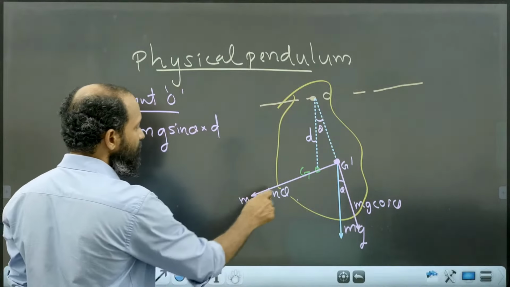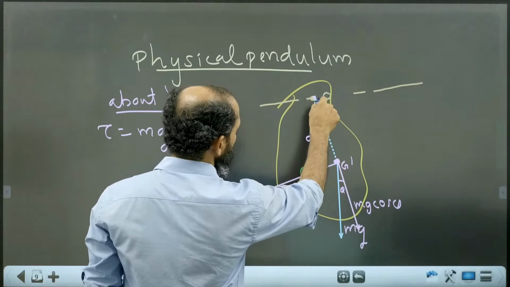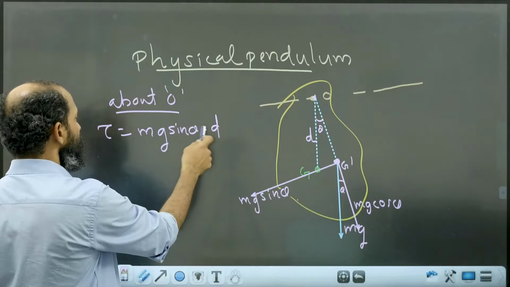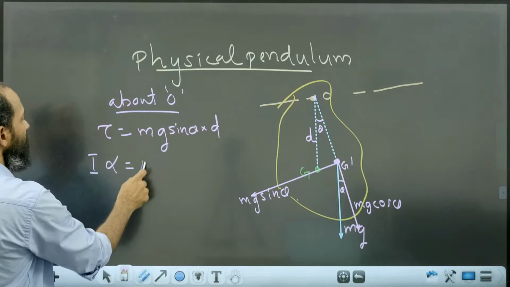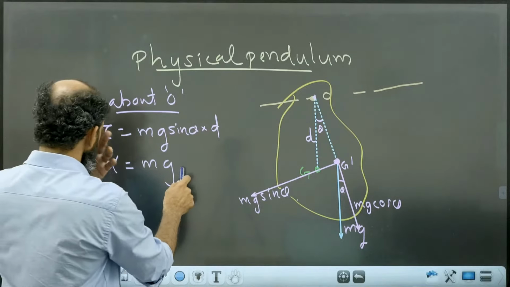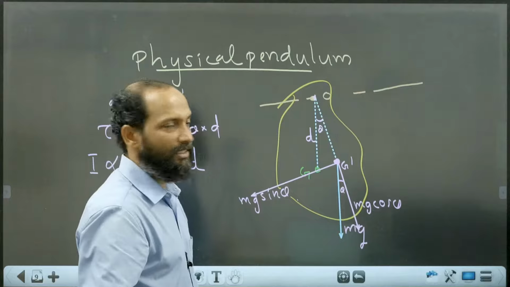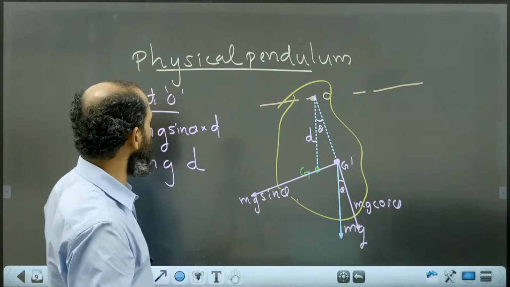But mg sin theta's line of action is away from the point O, and that perpendicular separation is d, so mg sin theta into d is the net torque, and balancing torque is equal to I alpha. So I alpha equals mgd. You neglect sin theta here; only for small angles can this execute simple harmonic oscillations.